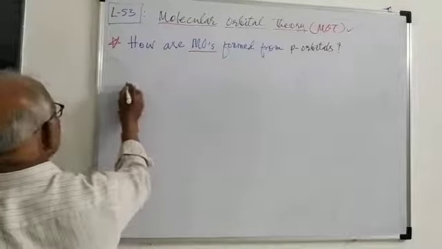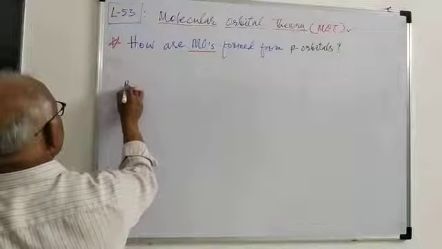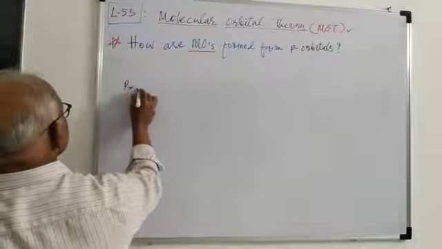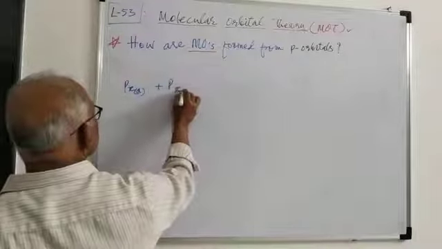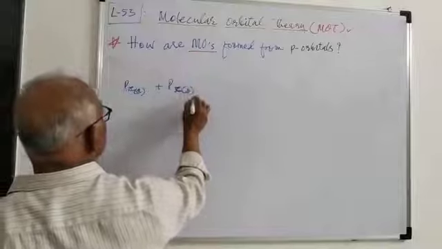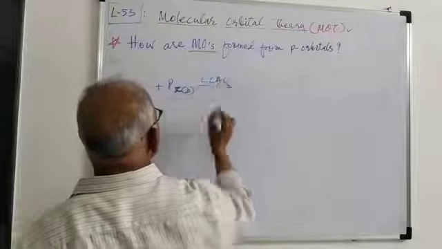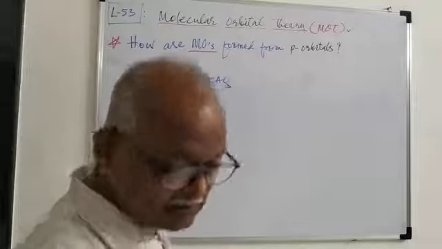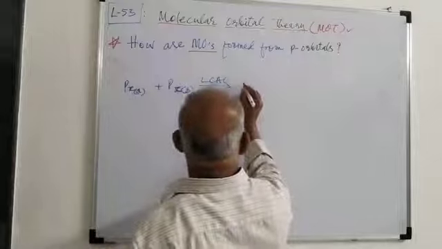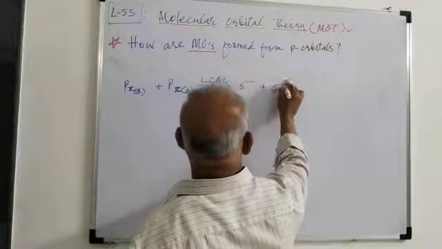If we take the example of px A plus px B, these will undergo linear combination of atomic orbitals to produce the molecular orbitals called sigma and sigma star.